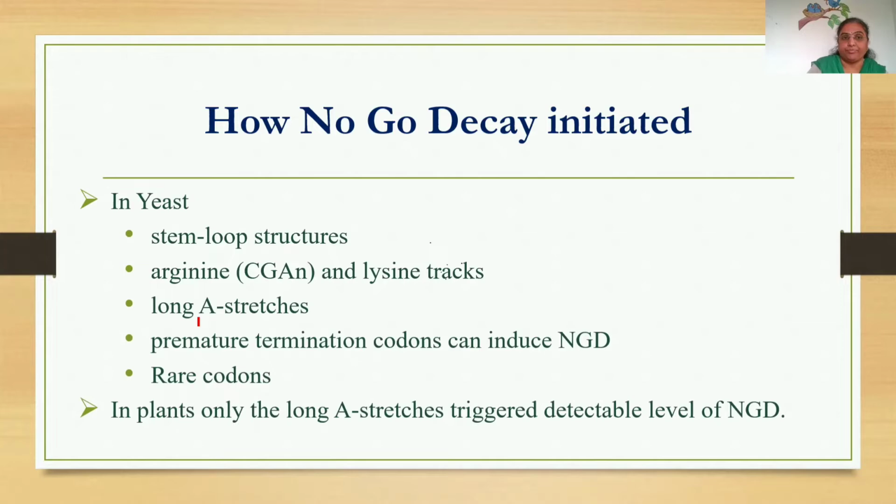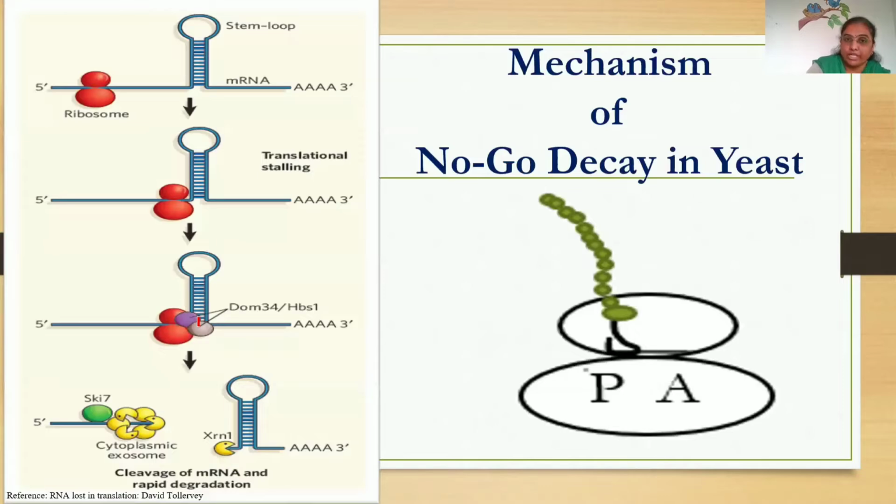Now, how does the no-go decay pathway work? That is the mechanism of no-go decay. Here we are going to see the mechanism in yeast. Look at this diagram. Here is the mRNA, which has a stem-loop structure, and the ribosome is present, with translation ongoing.